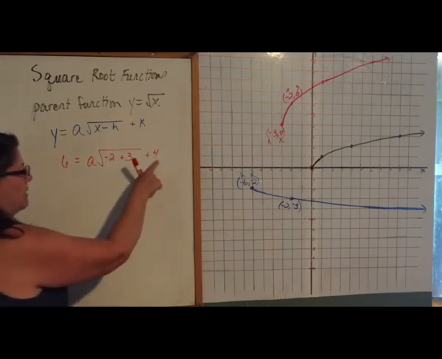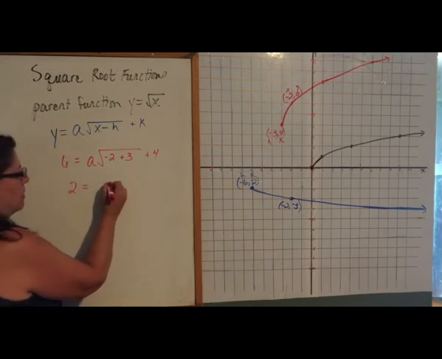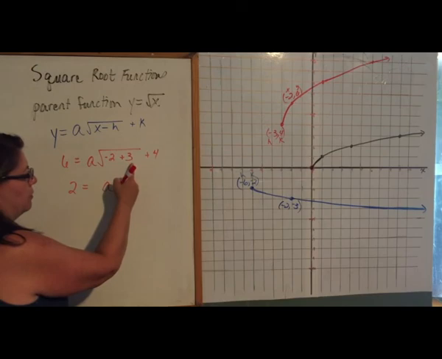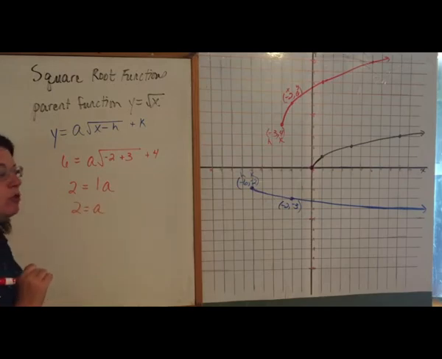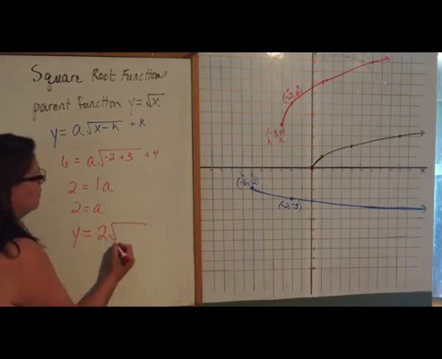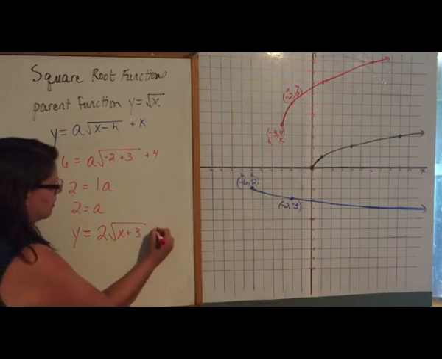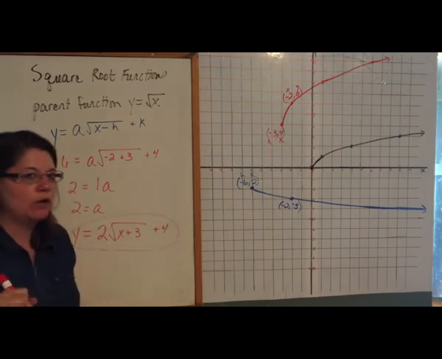If I do the math, I can subtract the 4 over. Negative 2 plus 3 is 1. Square root of 1 is 1. If we divide by 1, we get 2. So my a value is 2. If I plug in, my final equation is y equals 2 times the square root of x plus 3 plus 4.